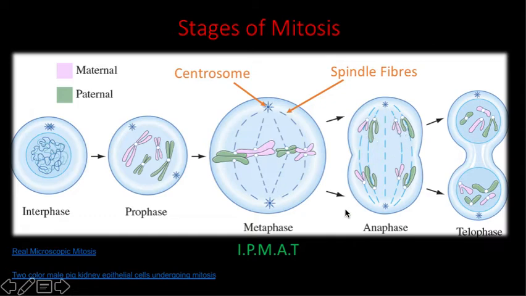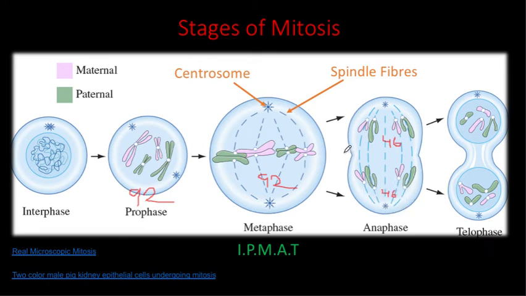And so here you've got your 92 chromosomes. Here you've still got 92 because everything's duplicated. But here, this is when the spindle fibers separate the chromosomes. So your 92 now returns to the normal 46 for one cell and 46 for the other cell.